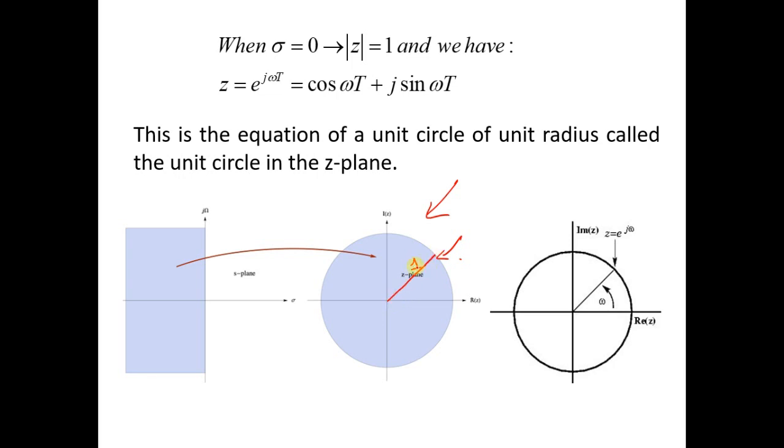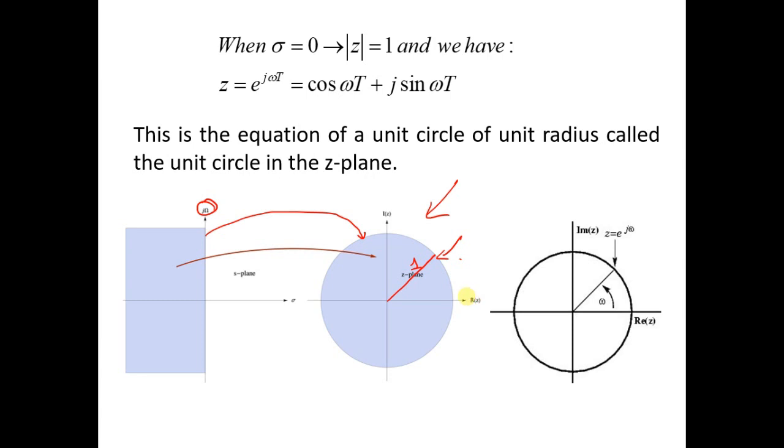This is the implication. So we can see the frequency axis has been mapped onto the unit circle, because the modulus of z is equal to 1. We are on the unit circle.